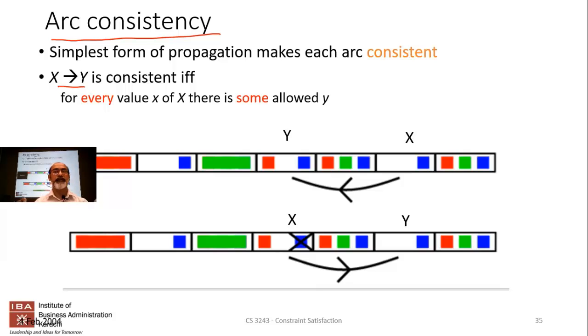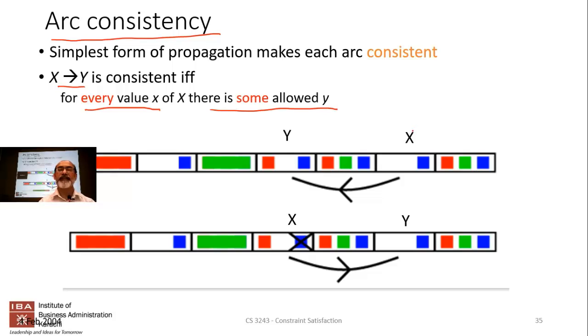For every value of x, there is some allowed value of y. So you want to make sure that on the arc x to y, for every value of x, there has to be some allowable value of y.